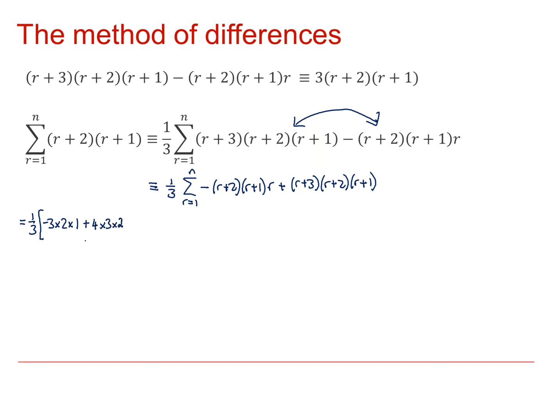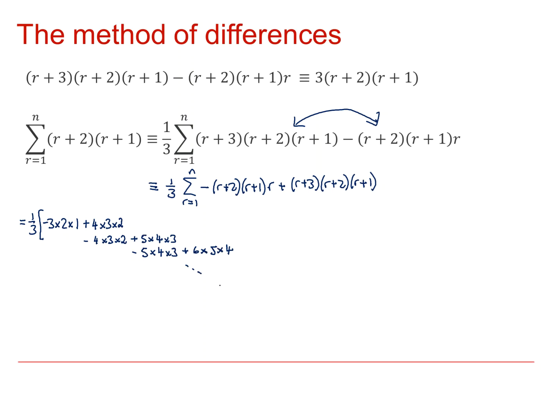When r is 2, I've got minus 4 times 3 times 2 plus, r is 2, 5 times 4 times 3. If r is 3, I've got minus 5 times 4 times 3 plus 6 times 5 times 4. That's enough to see what's going on.